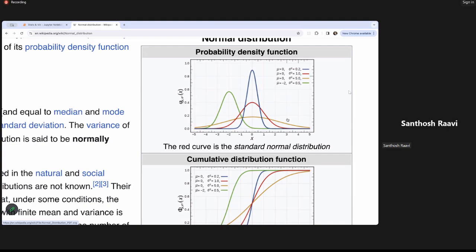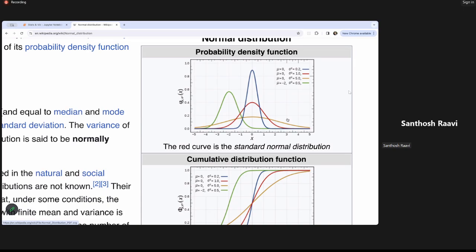These techniques convert non-normal distribution into the normal distribution. Why? Because the algorithms are pure mathematical formulations, they pre-assume that the data follows the normal distribution. That's why we need to convert the data into the normal distribution.